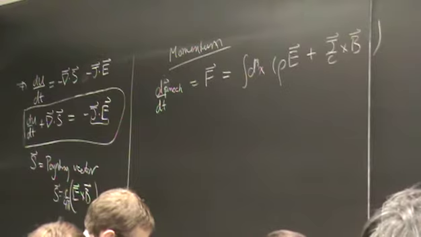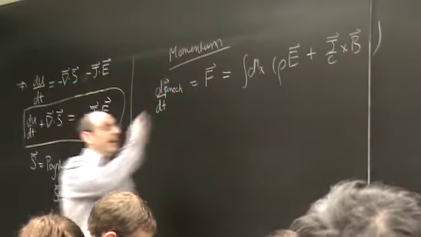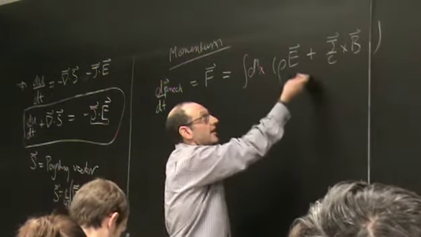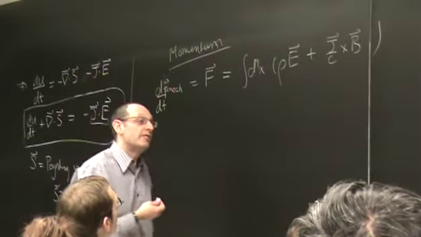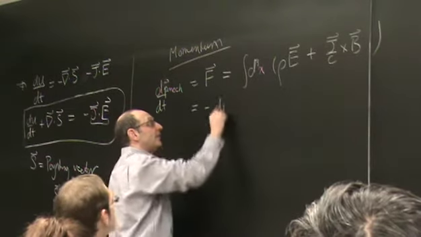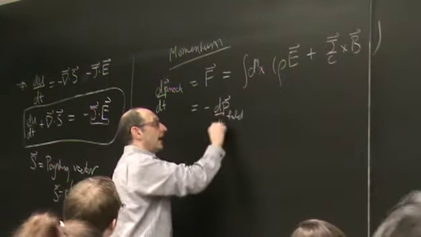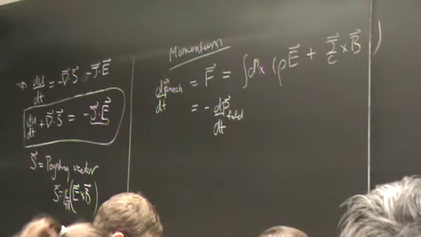Now, if the momentum is increasing in the charges, it must come from somewhere because total momentum is conserved. And thus, this must correspond to a decrease of momentum in the field. So electric and magnetic fields not only carry energy, they carry momentum.